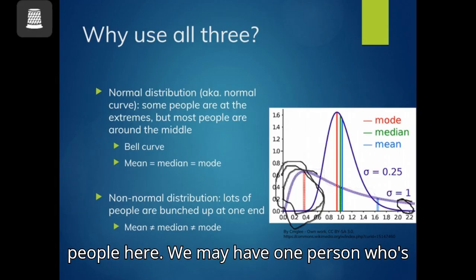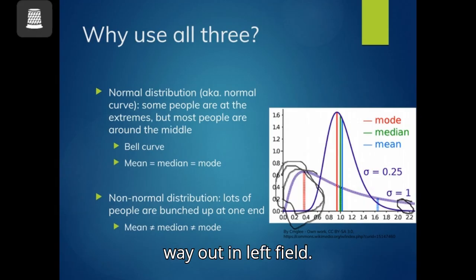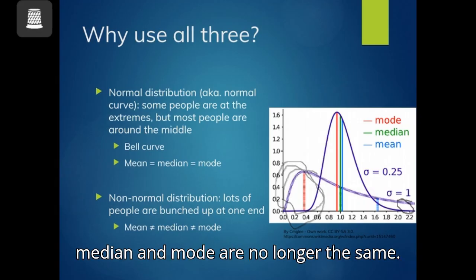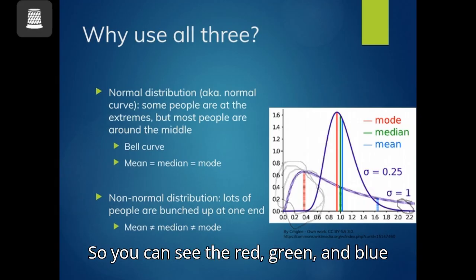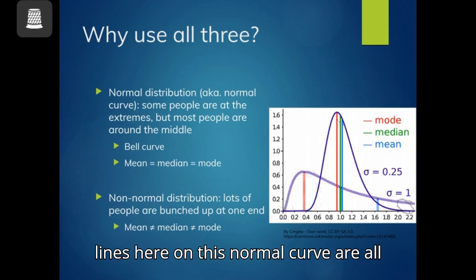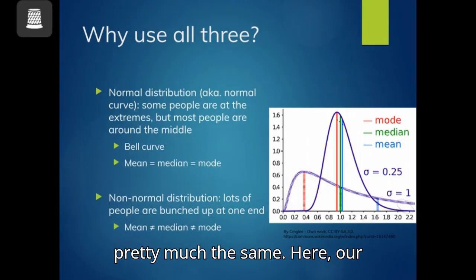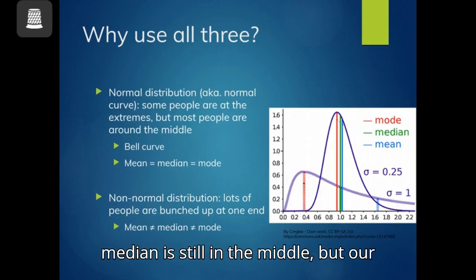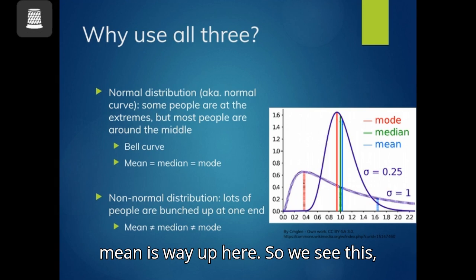We may have one person who's way out in left field. And what happens then is our mean and median and mode are no longer the same. So you can see the red, green, and blue lines here on this normal curve are all pretty much the same. Here, our mode is way off. Our median is still in the middle, but our mean is way up here.